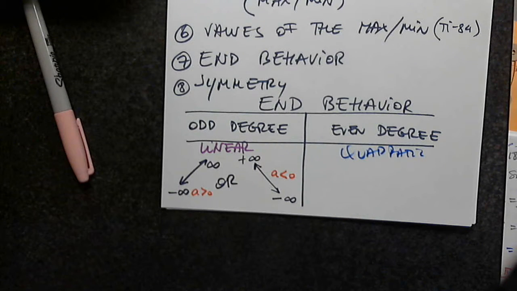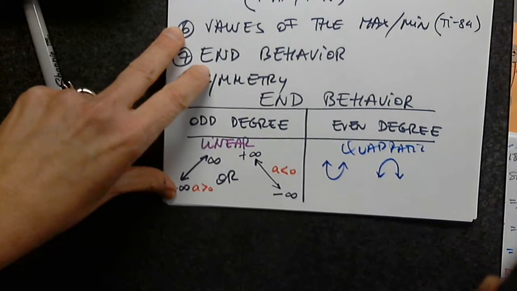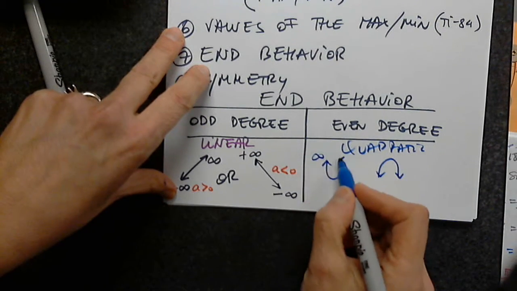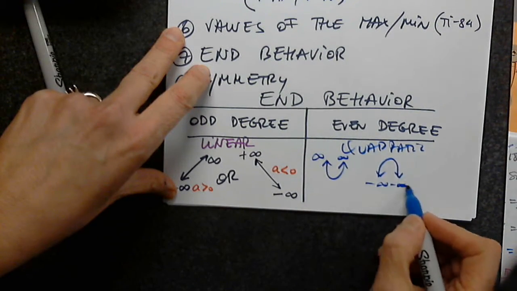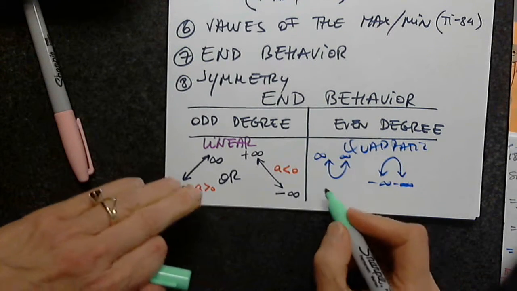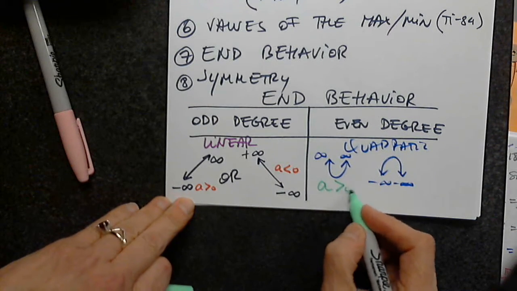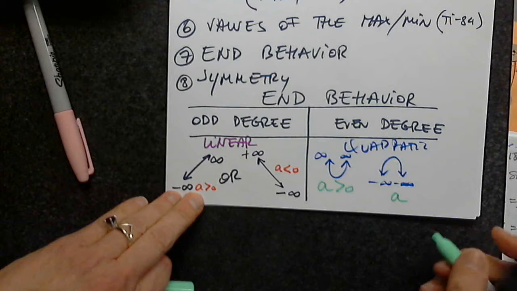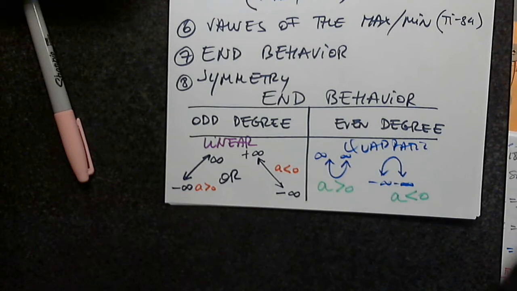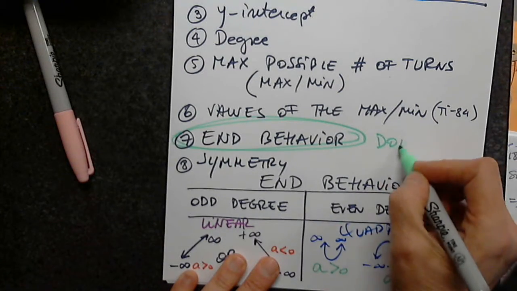All even degree will do the same thing. It all depends on what? The leading coefficient again. So this is positive to positive, or negative to negative infinity. And of course, the leading coefficient here is... if we understand this piece, it's done.